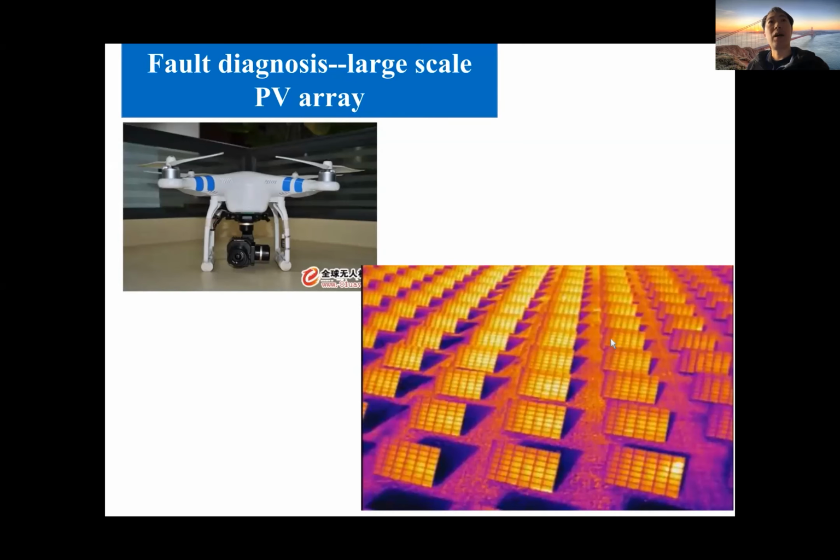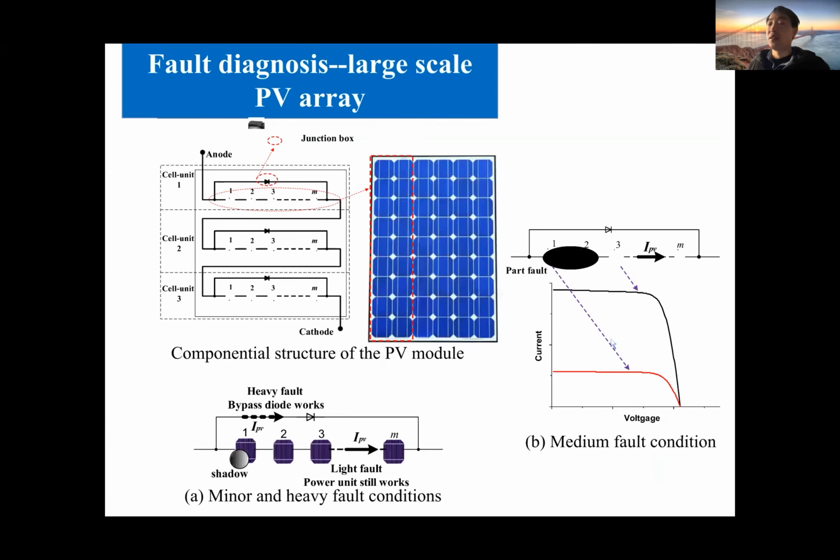For a larger PV array, a thermal camera will be the most convenient, or mainstream, method. Here we look at the structure of a PV module, composed of PV cells and a junction box. We can categorize PV module faults into three kinds.